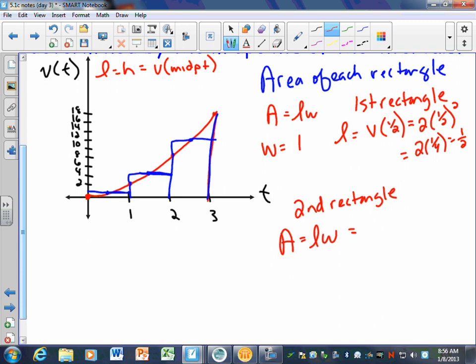How am I going to find the length of that second rectangle? First of all, what's the midpoint here? 3/2. How do I find the y value when x is 3/2?